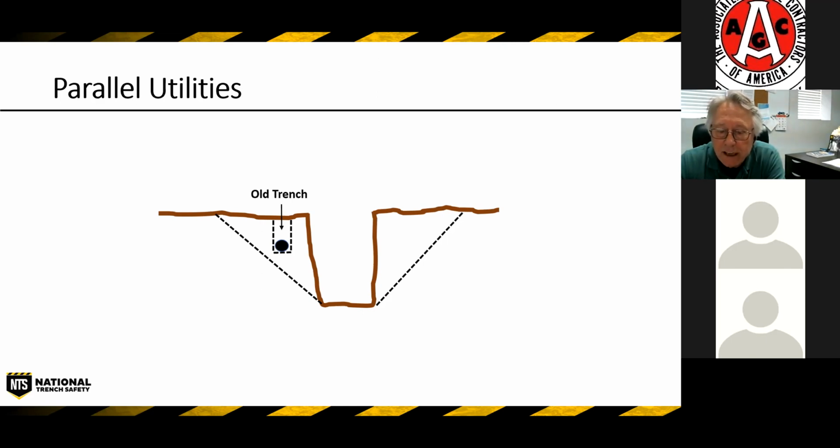It resulted in 2 drownings. Anytime that there is an existing utility in the adjacent area, we need to support that so that it doesn't move. The consequences of ignoring these kind of things are serious.